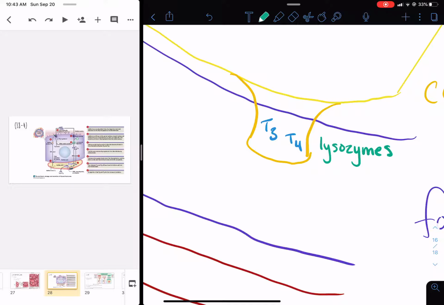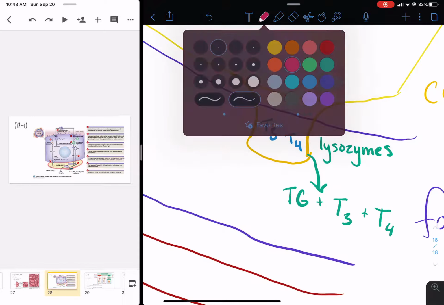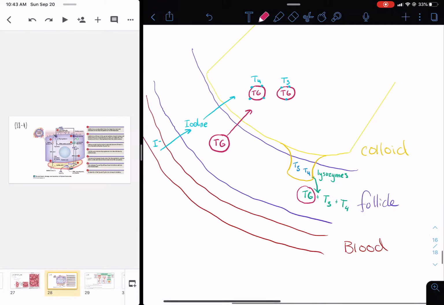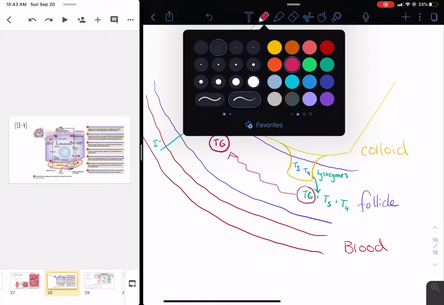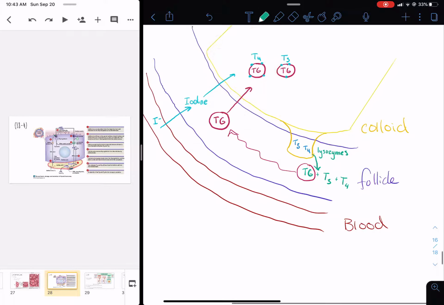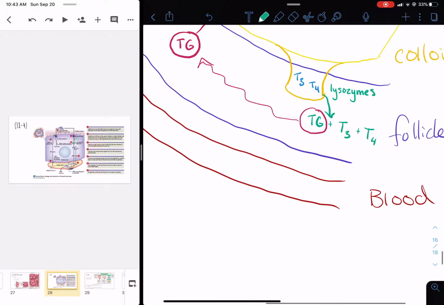So let's go ahead and draw that out. So lysosomes are going to break it apart into thyroglobulin and just the 3 iodine molecules and just the 4 iodine molecules. So this thyroglobulin can then be recycled and used again. And then the hormone, T3 and T4, can then exit its way back into the bloodstream.